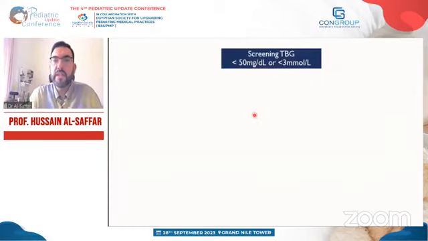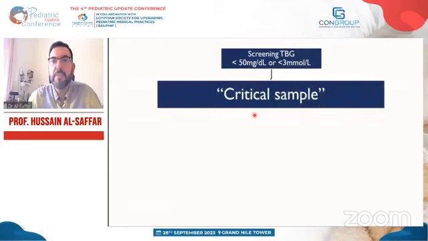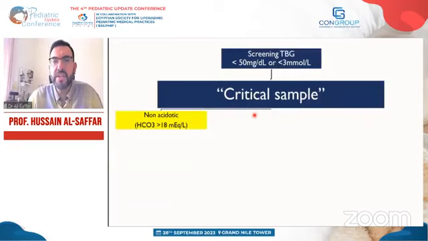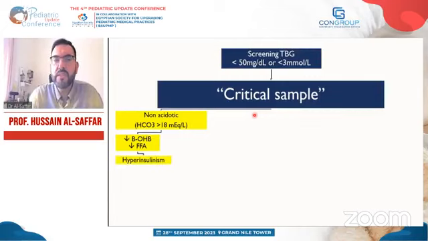So through this kind of pathway, an algorithm to go through: if we have a patient with suspected hypoglycemia, with blood glucose less than 50 milligram per deciliter or less than 3 millimole per liter, then we need to collect a critical sample. Based on the results, if the sample is non-acidotic, with bicarb more than 18, it's important to know the free fatty acids and the beta-hydroxybutyrate.